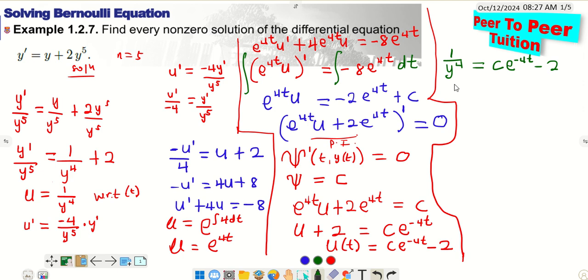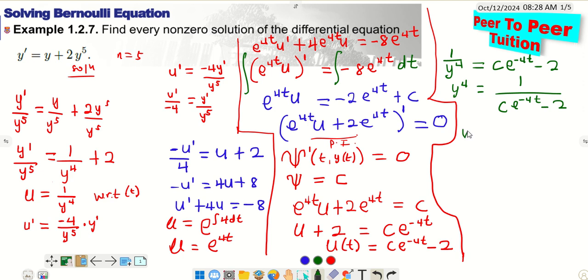When we get to this point, we can reciprocate. When you reciprocate, you get y exponent 4 should be equal to 1 over c e to the power negative 4t minus 2. Then we can find y by taking the fourth root.